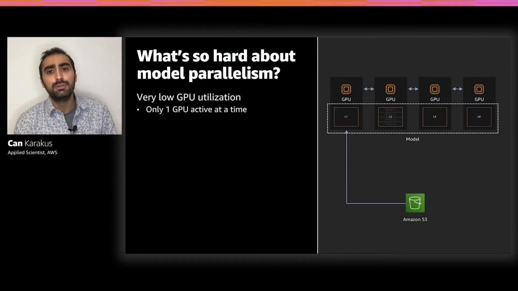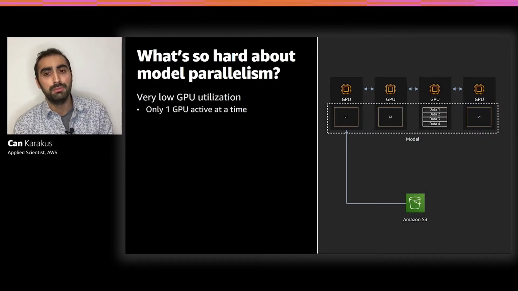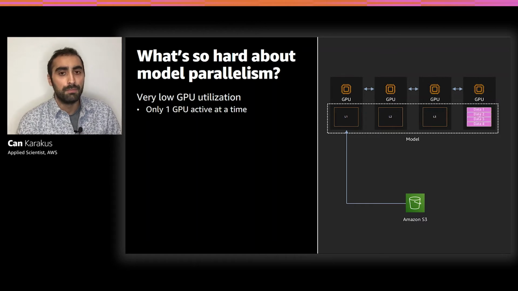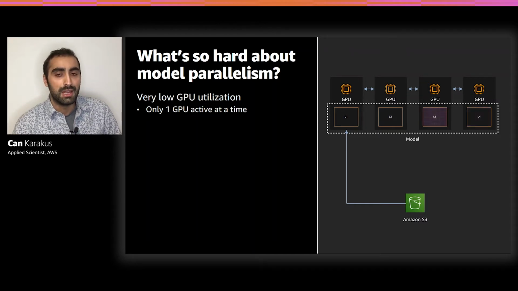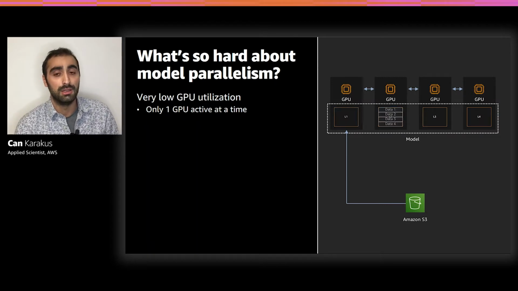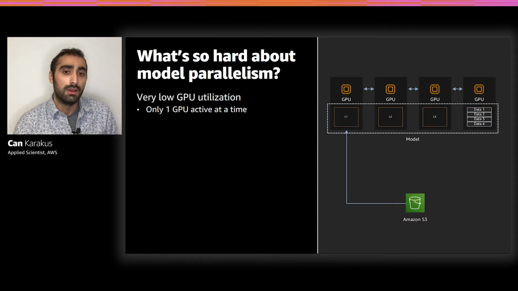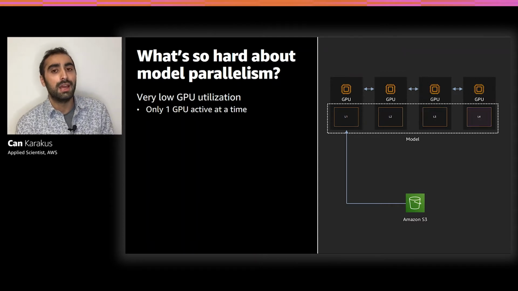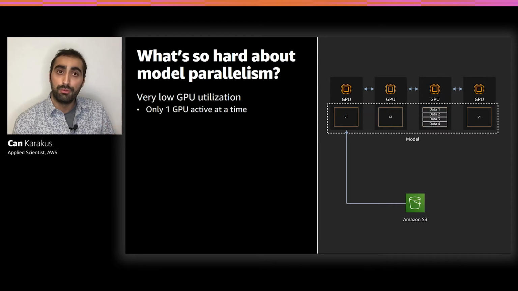So let's look into this GPU utilization problem that we talked about. If we look at this animation, which illustrates the forward and backward passes of the computation, we see that at any given point, only one of the GPUs is doing useful work. This is because deep learning computation, both forward and backward passes, is inherently sequential.